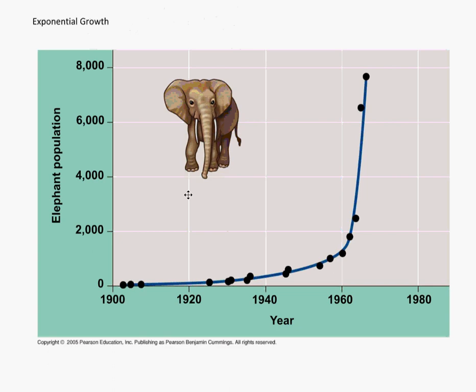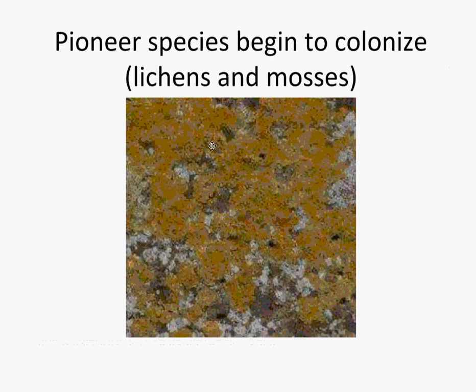Here's another elephant population that is exponentially growing. And why would they exponentially grow? They're not being hunted. They have full resources, and so there aren't any limitations on their populations. One kind of species that typically demonstrates this type of growth is called a pioneer species. They're the first species to move into a new ecosystem. We'll talk more about this when we talk about ecological succession in a later lecture.